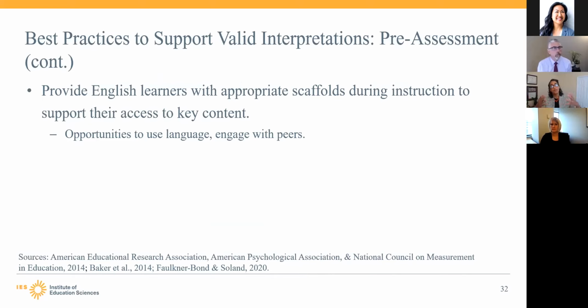So the goal is not to bring the instruction down, it's to bring the students up to wherever it is you're trying to aim your instruction. And a big part of that is providing opportunities for students to use language during class, to engage with peers, and to use whatever assets and resources they have, including their home language and their home culture, to do that.